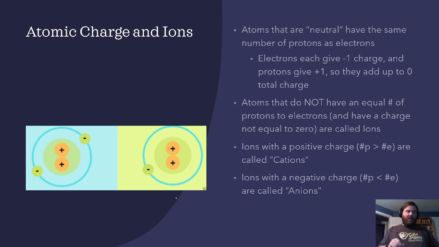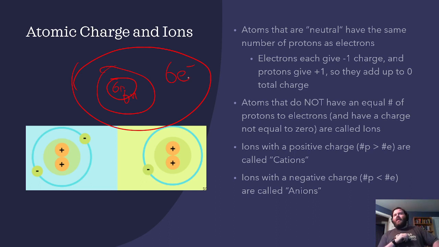Okay, so if I had, let's stick with our carbon here. So I've got a nucleus with 6 protons and 6 neutrons in it. And then I've got the electron cloud out here, right? I should have 6 electrons out here if the atom is neutral, right? Because I should get +6 from the 6 +1s from the protons.